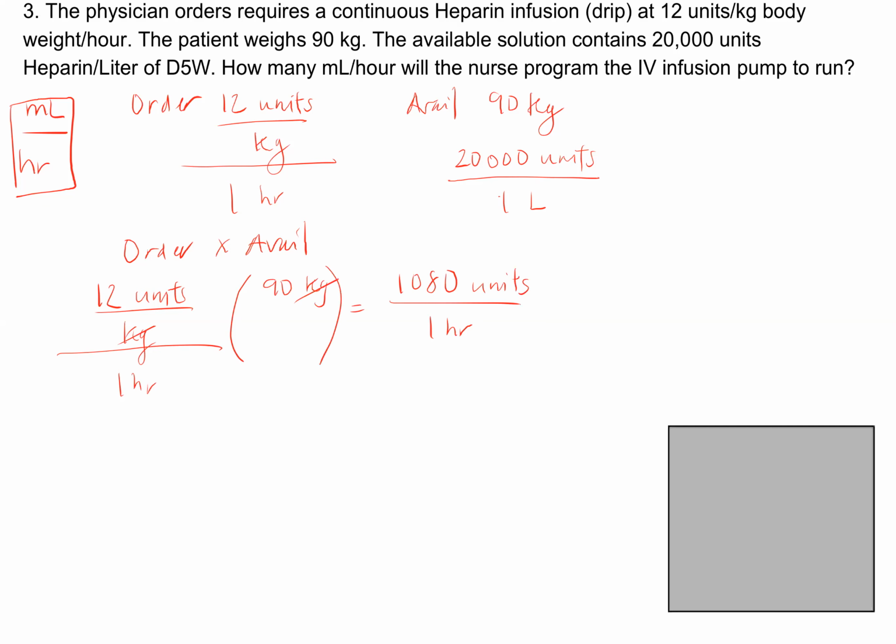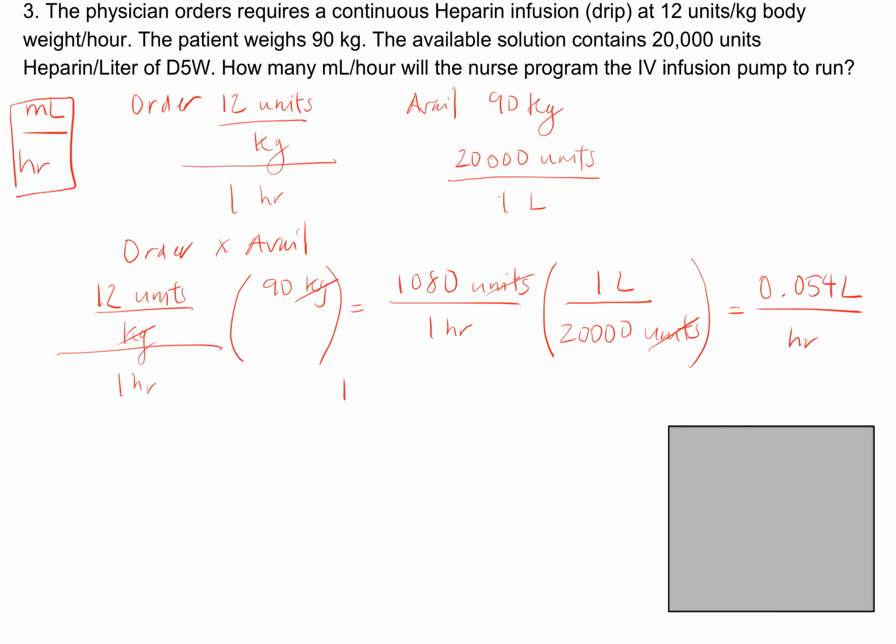And we also know that there is 20,000 units per 1 liter available. So we're going to take that and we're going to cancel out the units. So you want 1 liter on the numerator, 20,000 units in the denominator. Cancel out the units and you're left with liters per hour. So 1080 divided by 20,000 is 0.054 liters per hour.